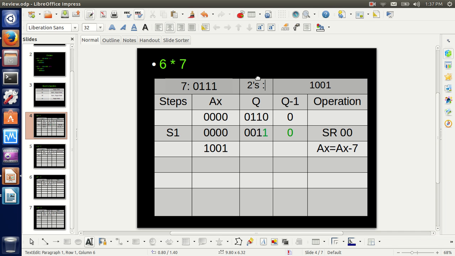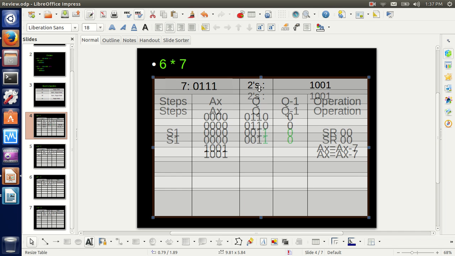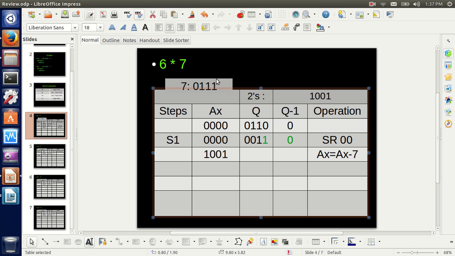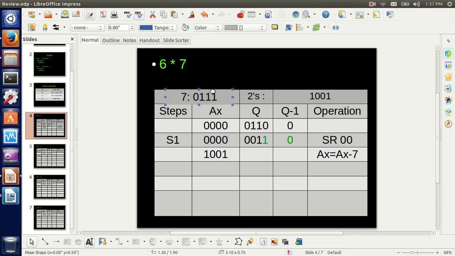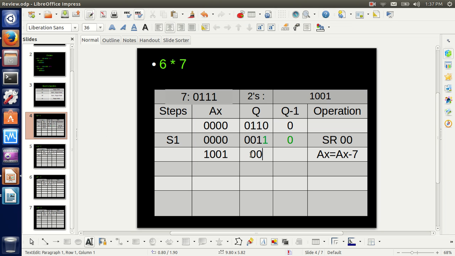Let's make this smaller so we have more size for the addition. This won't change, and this is 0, and this is step 2.